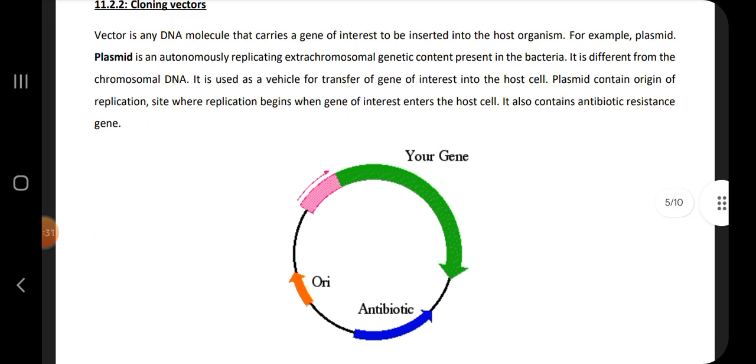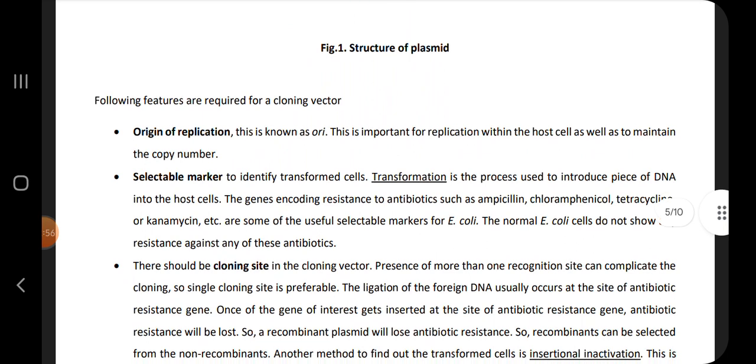Then cloning vector. Vector is the DNA molecule that carries a gene of interest. For example, plasmid. Plasmid is autonomously replicating extra chromosomal genetic material. It is different from chromosomal DNA, used as a vehicle for transfer of gene of interest into the host cell, contains ORI, the site where replication begins, and it also contains antibiotic resistance genes.